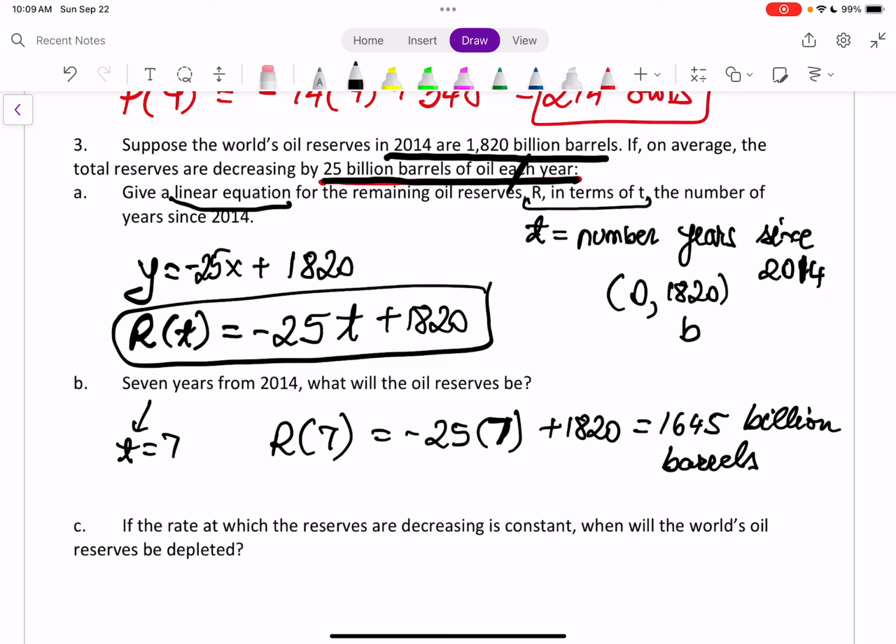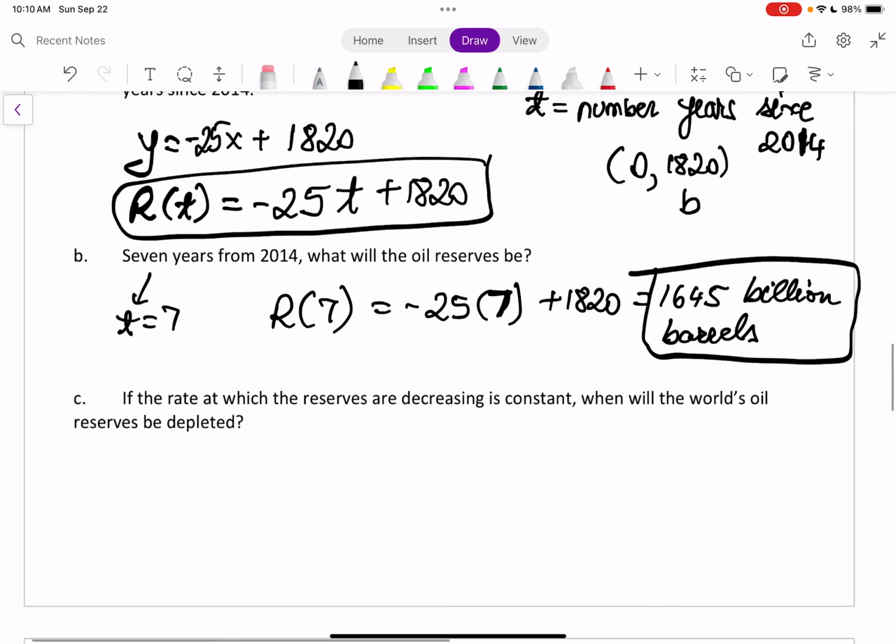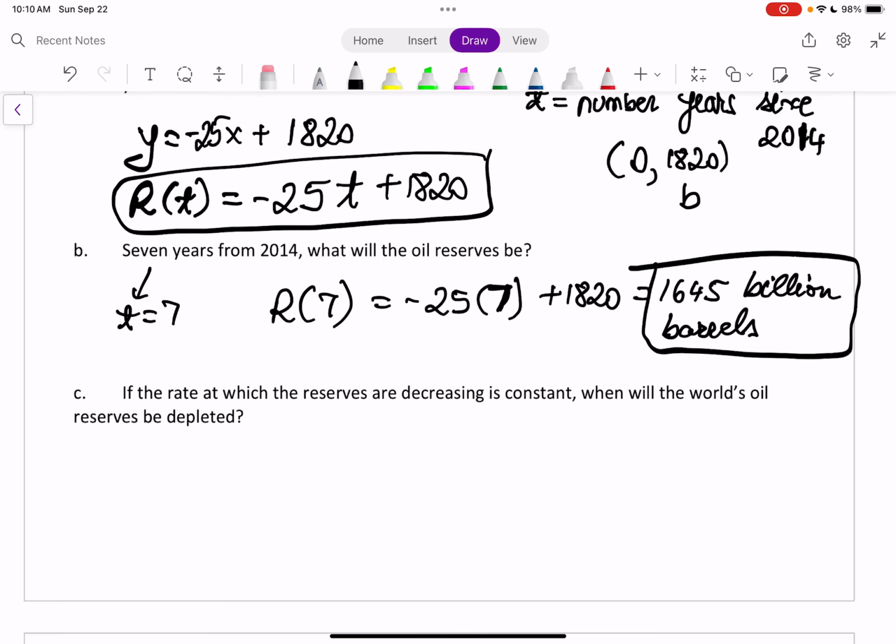We don't have to write the billions, it's just carrying out too many zeros. But what you need to do is keep those kind of units in your answer. So it's not just 1,645 barrels, it's 1,645 billion barrels.